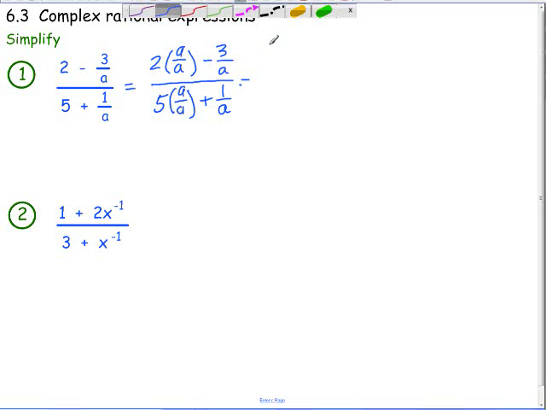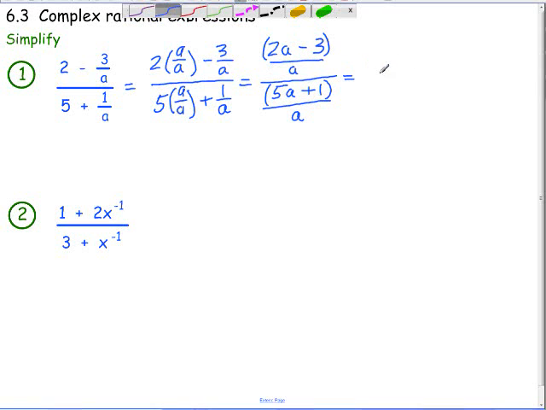Now I've got 2a minus 3 all over a divided by 5a plus 1 all over a. And rather than divide, I can multiply those.